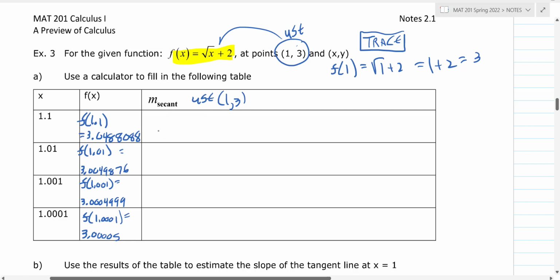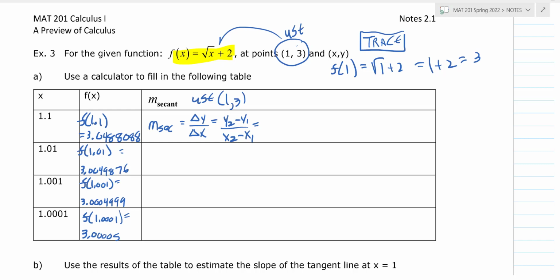Okay, so when we do the slope of the secant, we're just going to use the formula. You can use change in y over change in x. You're doing y2 minus y1 over x2 minus x1, and we'll need to use our calculator to do that. So the y values are going to be 3 and this number right there. To begin with, we're just going to do 3.0488088 minus 3.